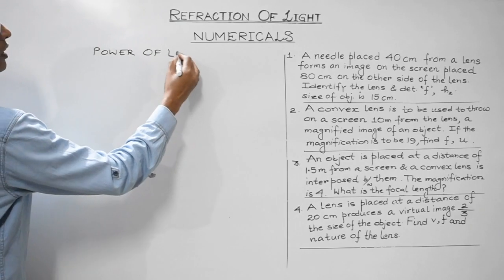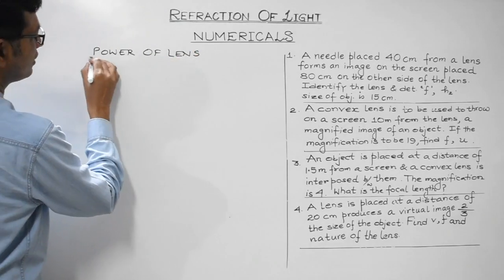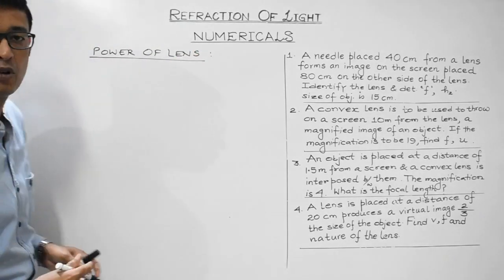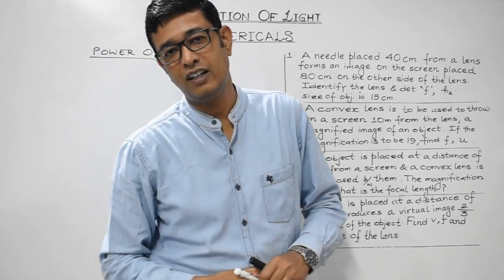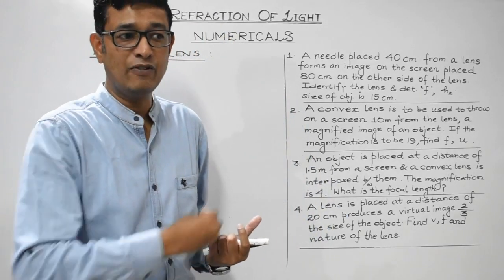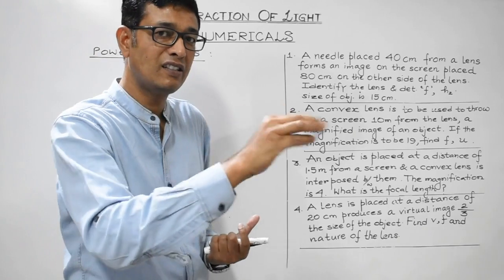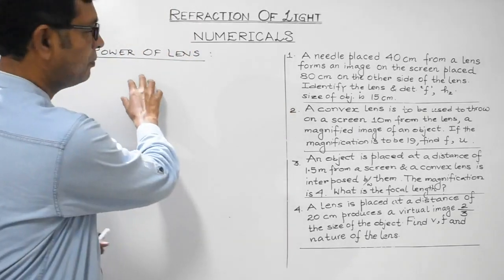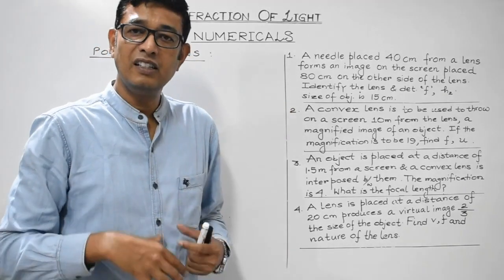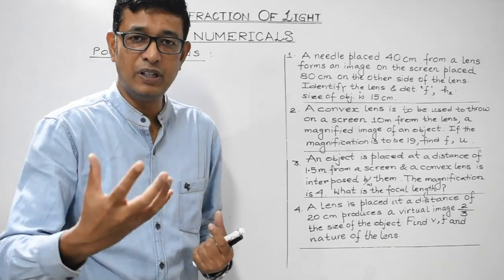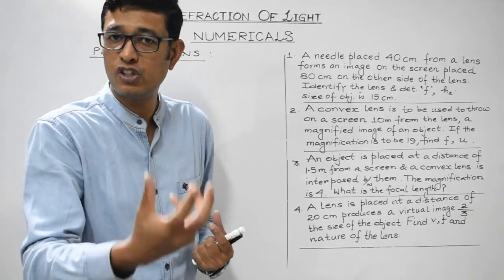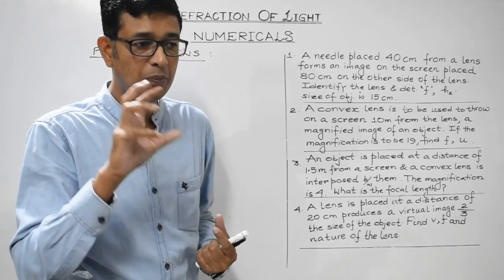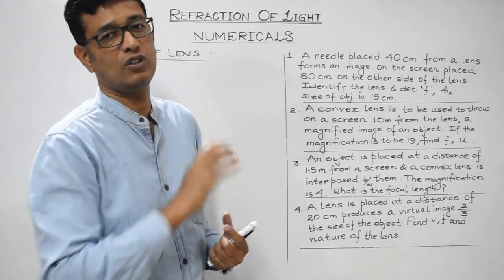Now students, we all are aware that a convex lens converges a parallel beam of light incident on it, while a concave lens diverges a parallel beam of light incident on it. So power of a lens basically indicates the ability of a lens to converge or diverge a parallel beam of light incident on it.